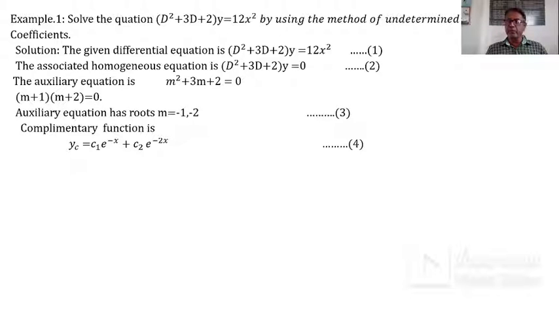We want to find first yc, the complementary function of this non-homogeneous differential equation. Now, to find the particular integral by the method of undetermined coefficients, for that purpose we must know a homogeneous linear differential equation with constant coefficients whose solution is 12x².